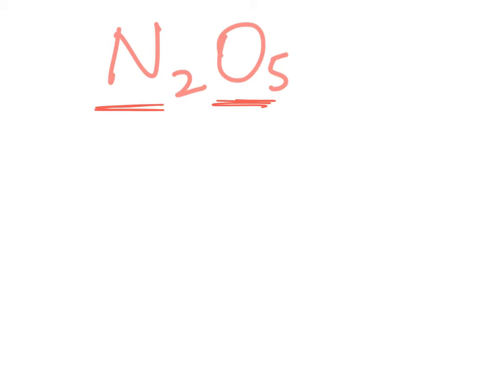Alright, so another example of a compound would be, for example, N2O5. Again, nitrogen is here and oxygen. They're both non-metals, and hence this is a molecular compound. So the way we name it, this is nitrogen, so we say nitrogen, right?